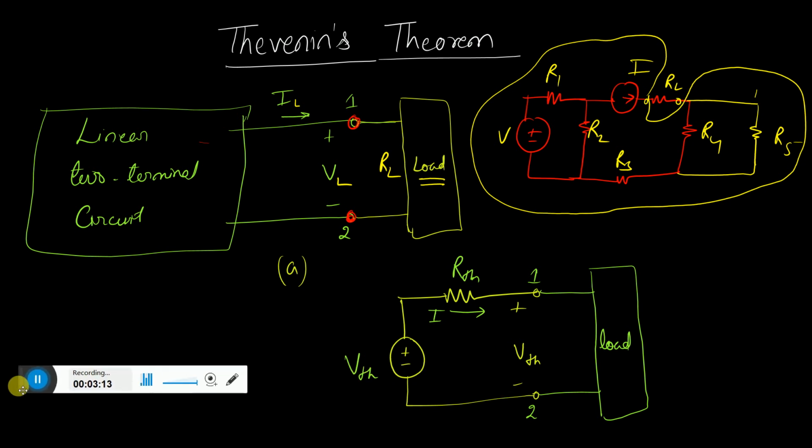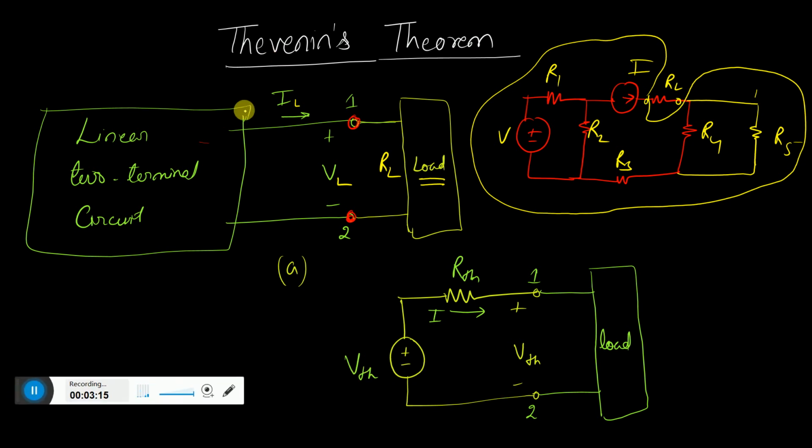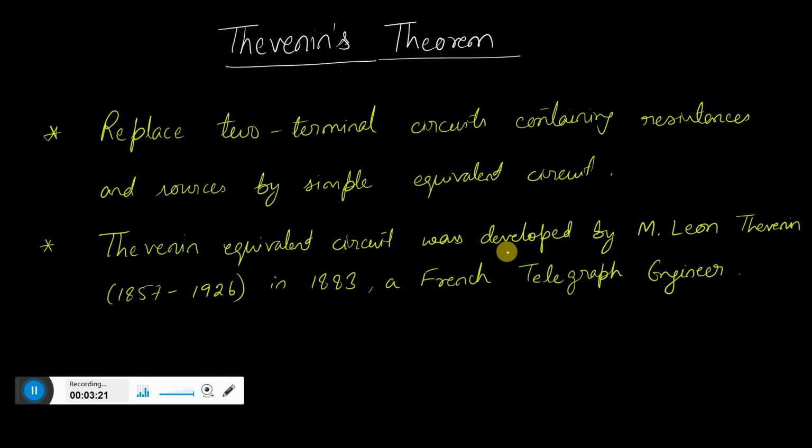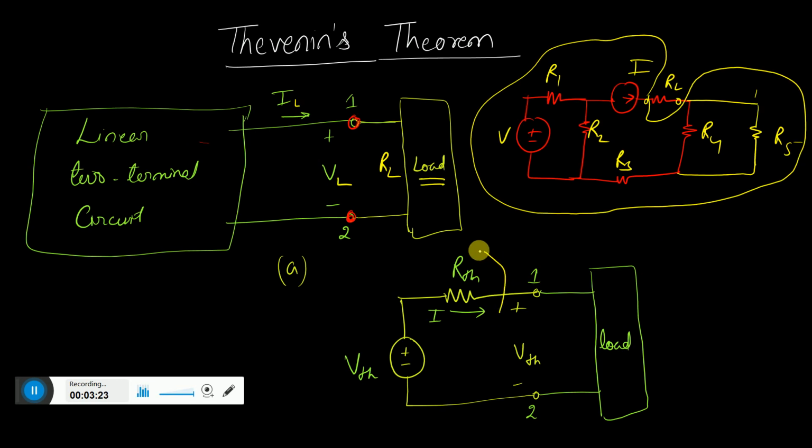Now Thevenin says that this entire network can be converted into a simple two-element network. That is, there will be a voltage source VTH in series with the resistance RTH.